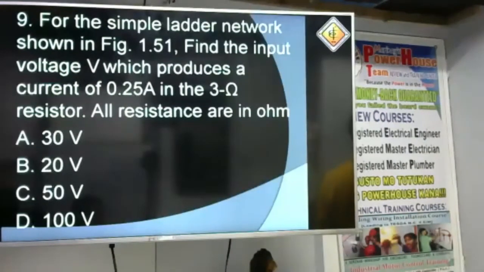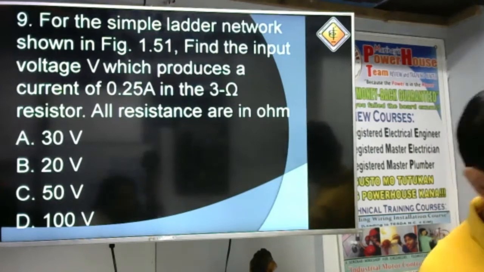This is our 0.25 ampere in the 3 ohm resistance here. This is a series parallel network, a 3 loop.